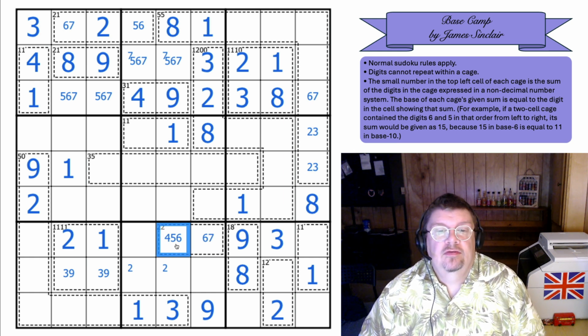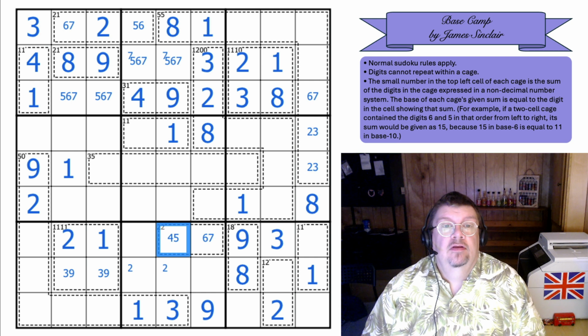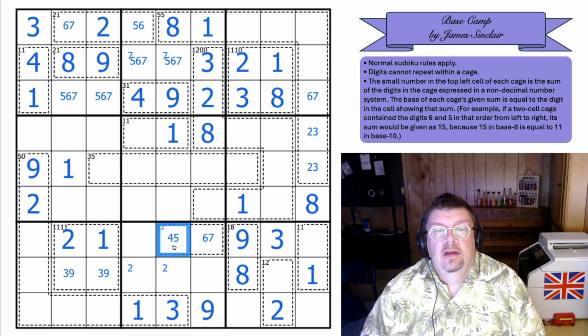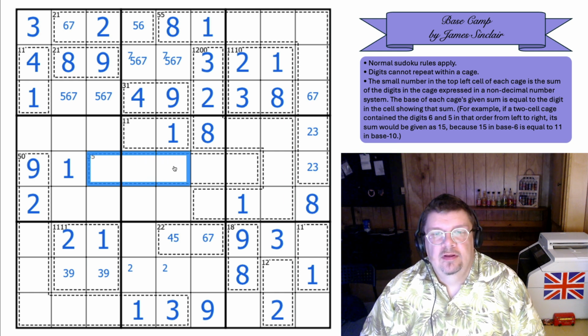And if this were 6, we would get 12, 13, 14, we'd need to add 8, which we can't do, so that can't be a 6. So if this is 4, this is 6. If this is 5, this is 7. Okay, I guess then it is this cage here.